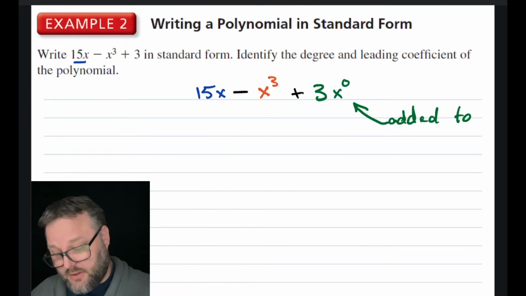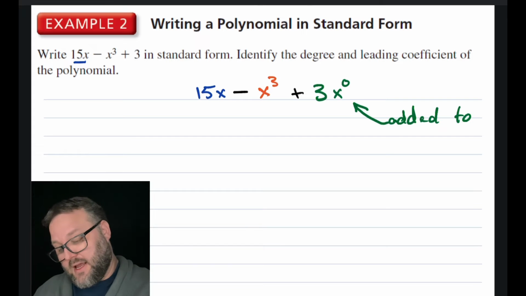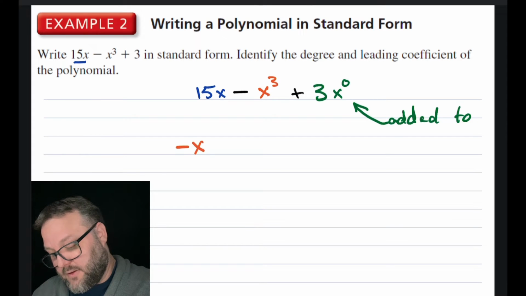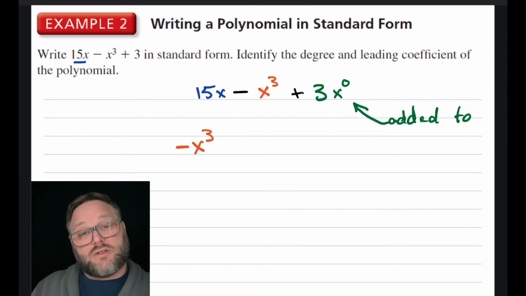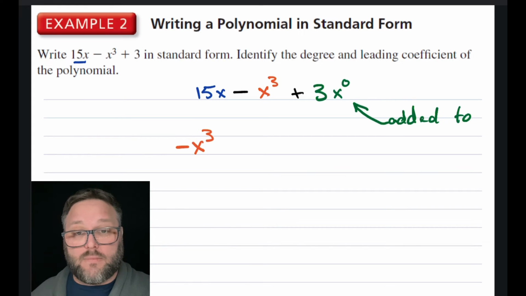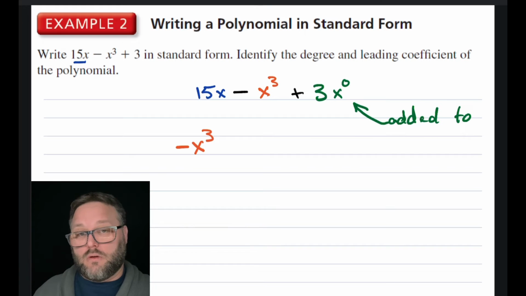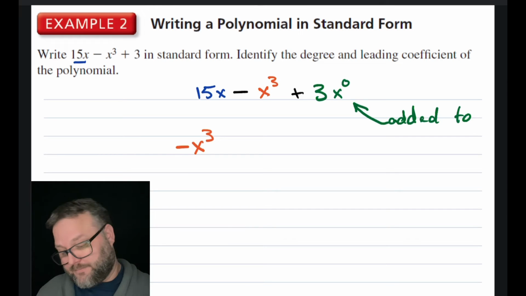All we're talking about doing is taking this negative x to the third and moving that term to the beginning. That's because we write a standard form of any polynomial in order of the degree of the monomials.